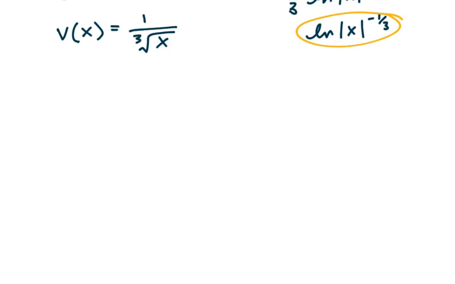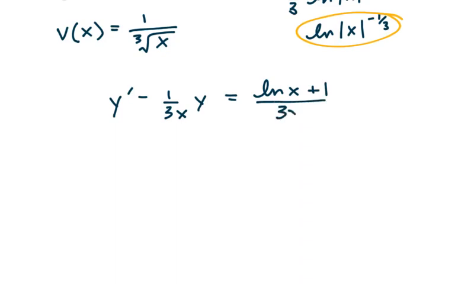So what I had up above, y prime minus 1 over 3x y equals the natural log of x plus 1 over 3x. And I take all of that and I multiply it by x to the negative 1/3, which is the same as what we have there. It's just a matter of preference how you want to write it.